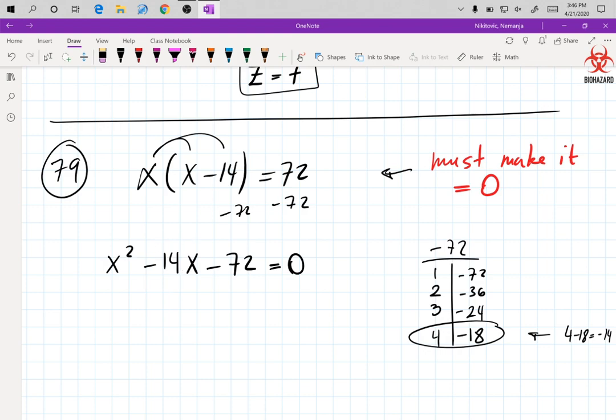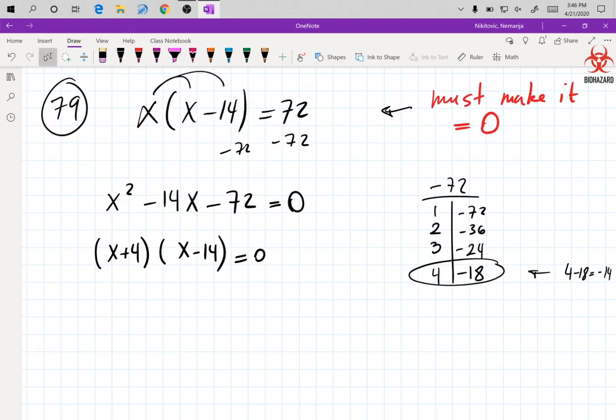So we will have x plus 4 times x minus 14, and this time we also have equal to 0 because this is an equation. Now using the zero product rule, we separate these into two different equations.